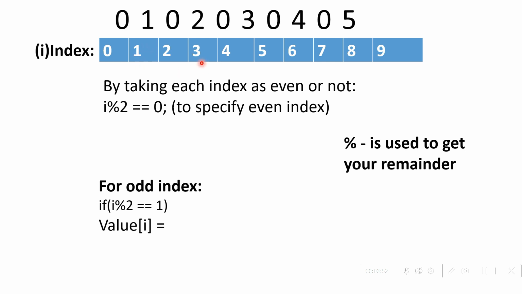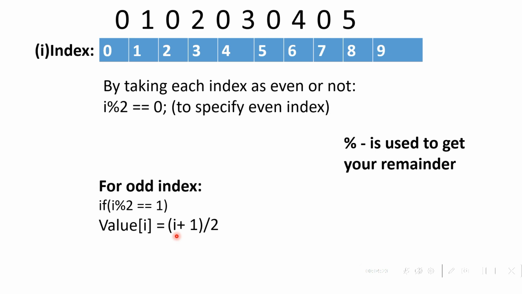But one thing is common: when you add 1 to each odd index, all the values are divisible by 2, which means all the numbers come out even. 1 + 1 is 2, 3 + 1 is 4, 5 + 1 is 6, 7 + 1 is 8, 9 + 1 is 10. When you divide all those numbers by 2, your respective value can be found.